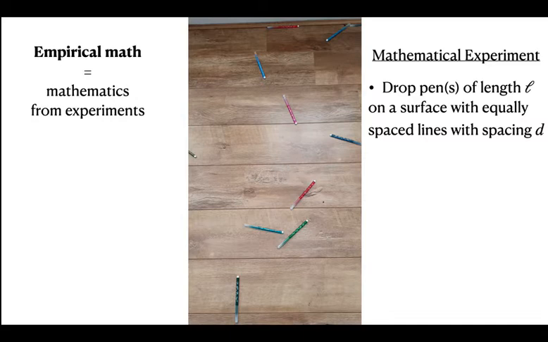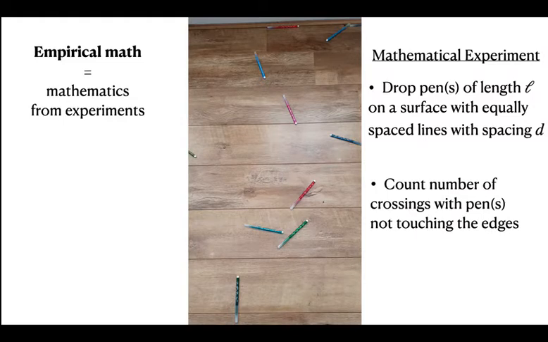The spacing here is called D. So the length of the needles or pens is L, and the spacing between the lines on the floor or on a tabletop experiment is D.